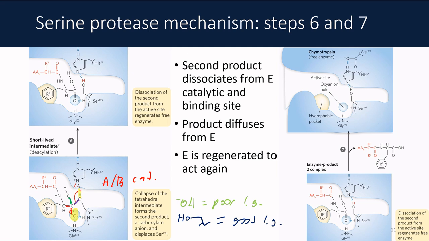And now that we are no longer covalently bound to the enzyme, the C-terminal fragment, the last half of our product, is free to diffuse away from our enzyme.